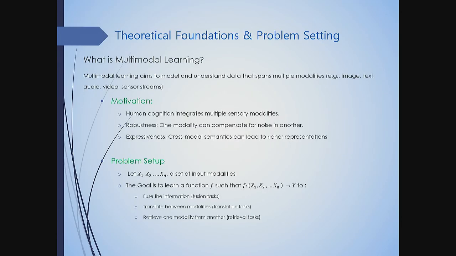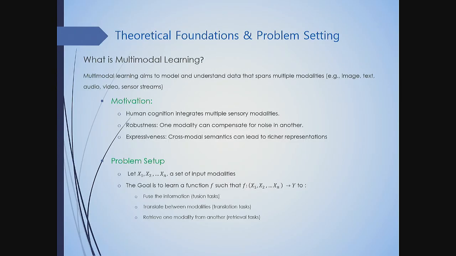For example, some people now do not just image, they do image with interpretation, NLP, so it makes it more interesting for everybody. Even medical doctors can use it. Then expressiveness: cross-modality semantics can lead to richer representation. When you combine this type and that other type, it gives a stronger representation.